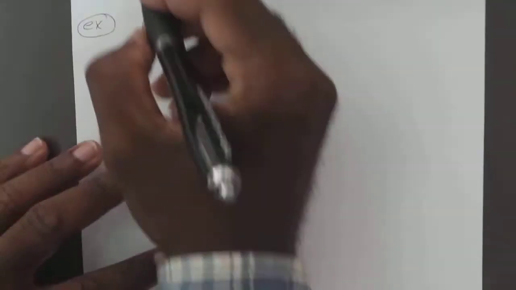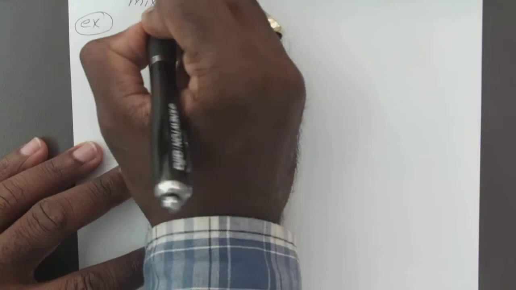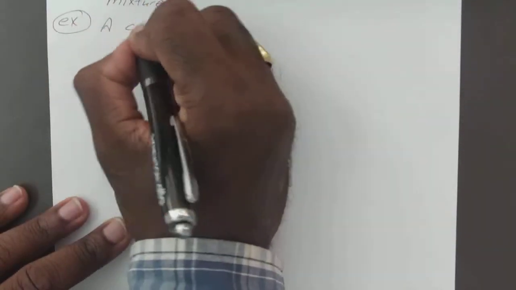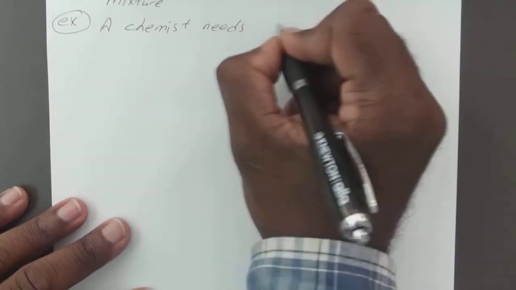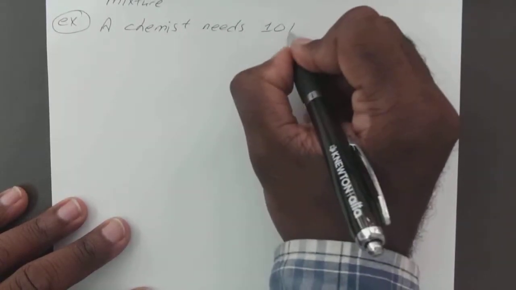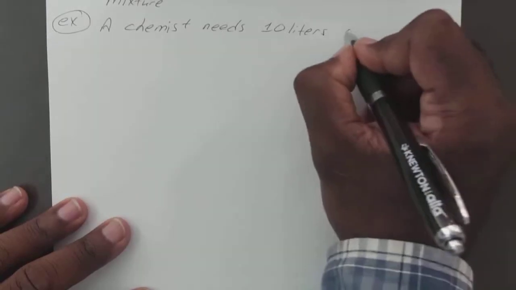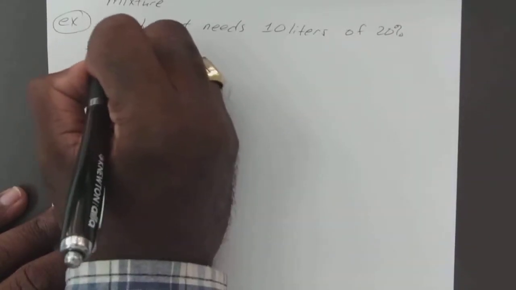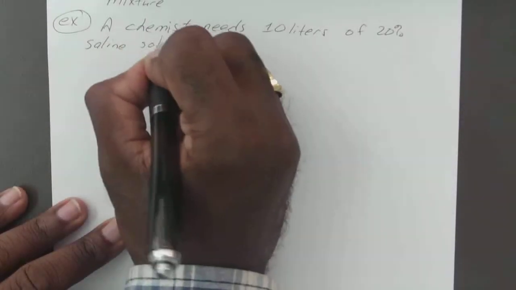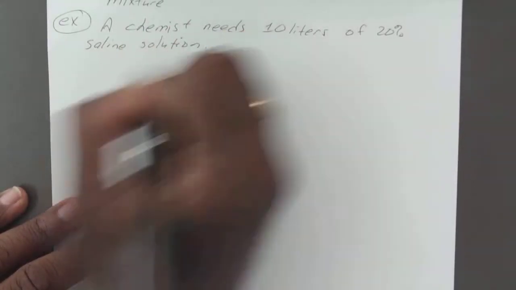Okay. Now this one is a mixture problem. So, but we're going to use the same approach. Okay, so what if we have a chemist who needs 10 liters of 20% saline solution. Just a fancy way to say salt water.